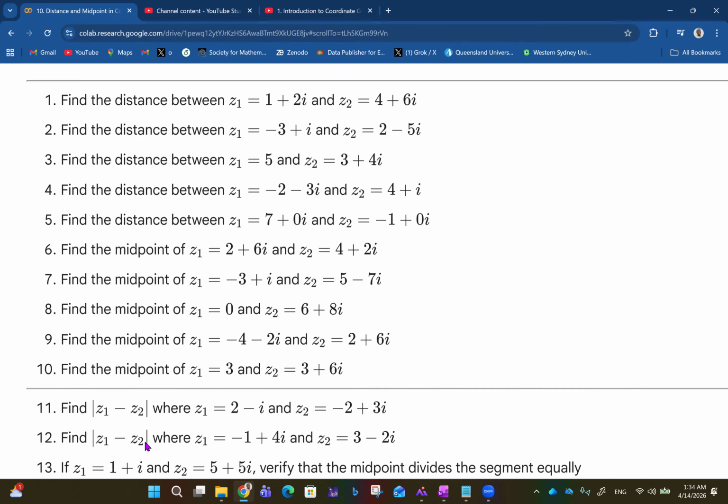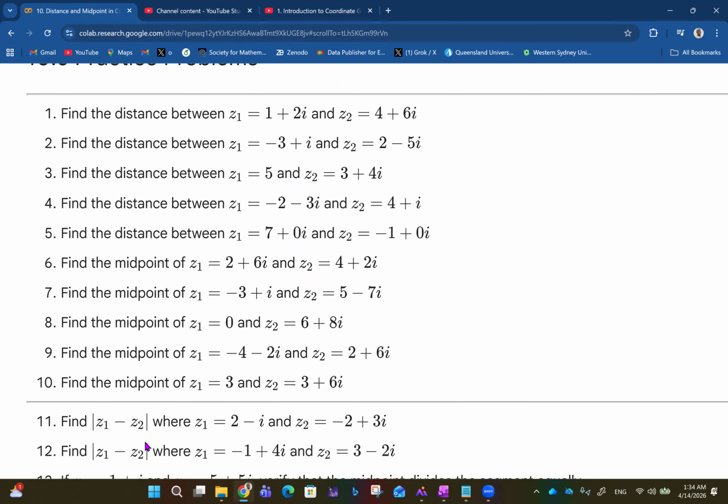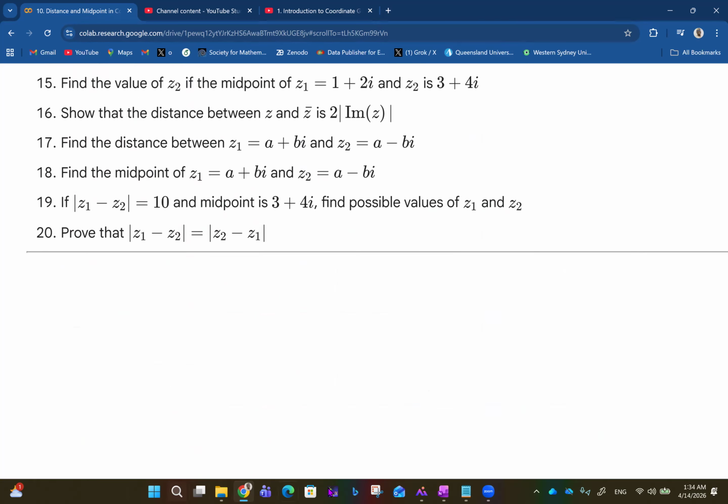Then 19 is: if the absolute value of Z1 minus Z2 is equal to 10 and the midpoint is 3 plus 5i, find the possible values of Z1 and Z2. Okay, let's start with problem 4. Practice problems 4 and 19. So we'll go to the worksheet to get all of that done.